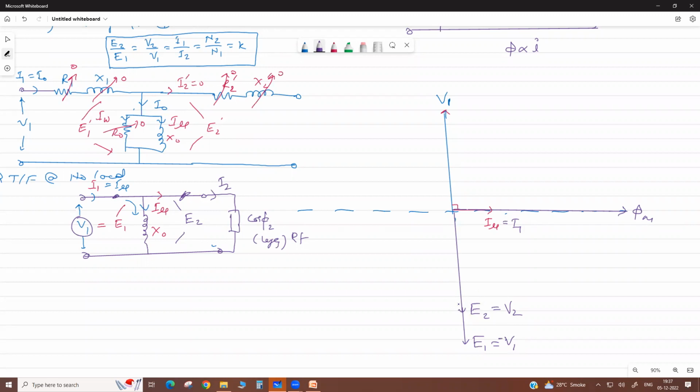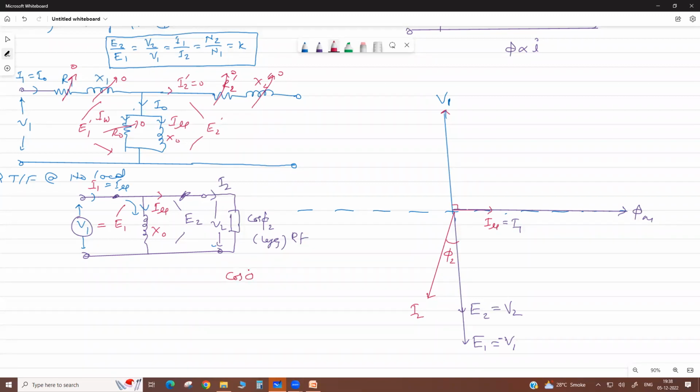Now this is your V2. Suppose this is your V2 voltage. Now this secondary load current lags this by an angle less than 90. It is lagging. This is your I2. Secondary load current lags by phi 2.